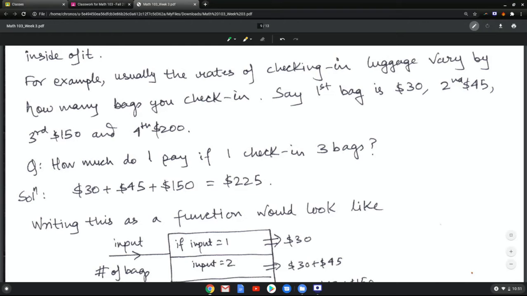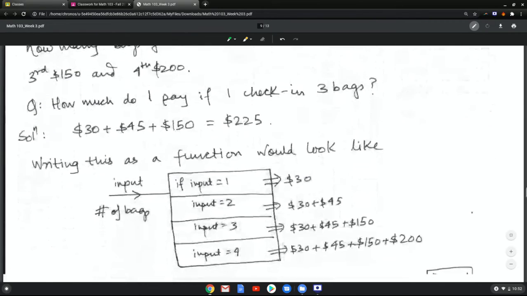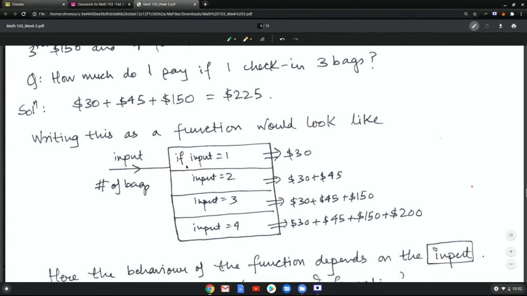Question is, how much do I pay if I check in three bags? So 30 plus 45 plus 150 is 225. Let's say I want to write a function which tells me, depending on the input, what I'm going to get. So it's like a different function that I'm going to use depending on how many bags there are. If the input is 1, I use 30.